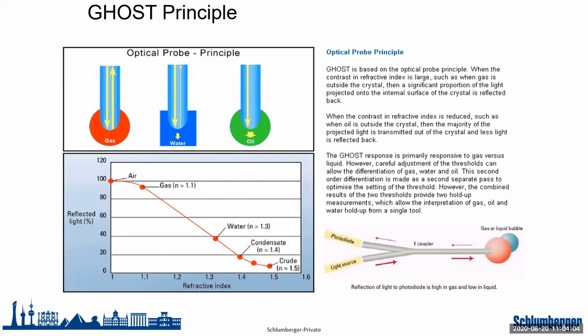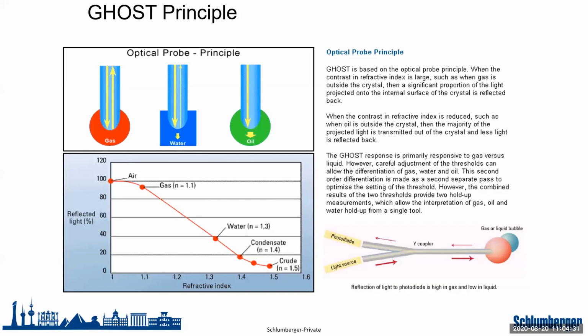And what I'm going to be doing with the LED is shining a light through the fiber optics, and this light is going to be present in the probe. Now, depending on the type of fluid around the probe, the amount of light that can be reflected back to the fiber optics and arrive at the photodiode changes.